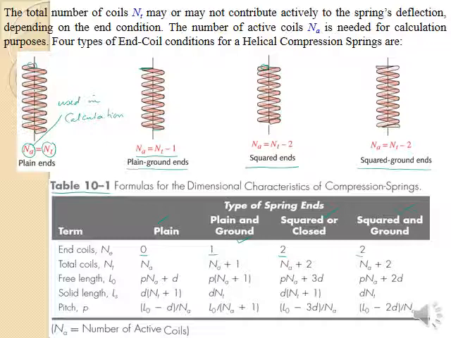Total coils and active coils are equal here, but here you see the total coils is active coils plus 1, because of this. Here again it is added, here it is added. This is the free length, which you can calculate as pitch times the number of active coils plus the wire diameter and so on. And this is the solid length, and this is how you determine the pitch of the spring.